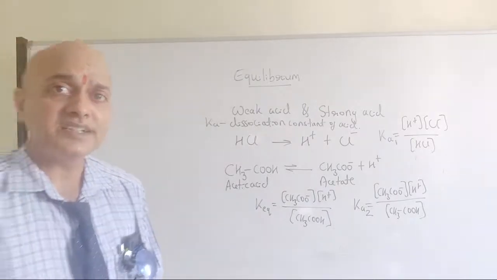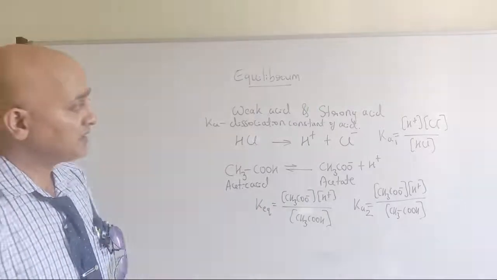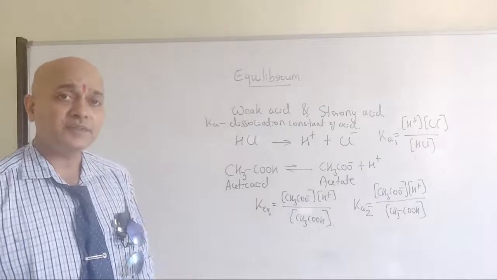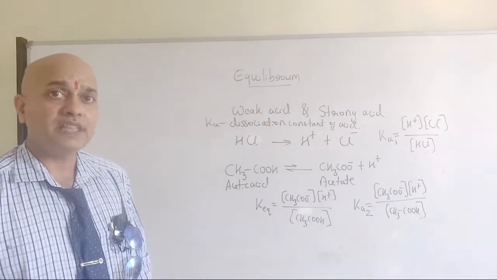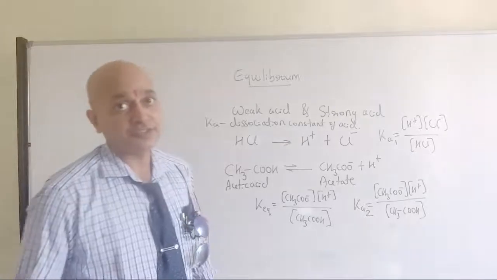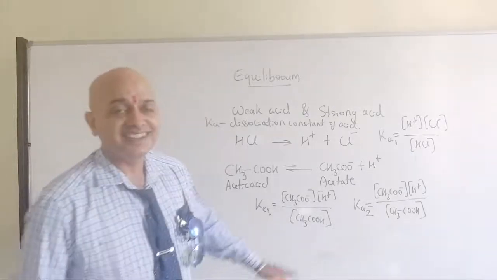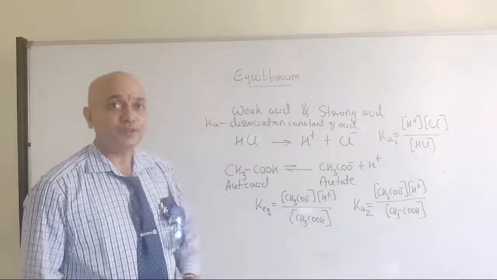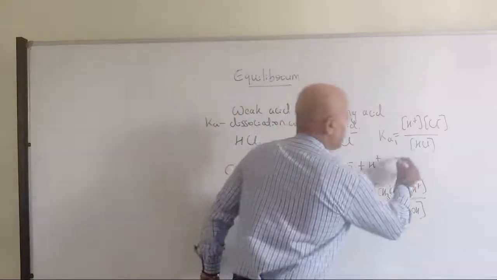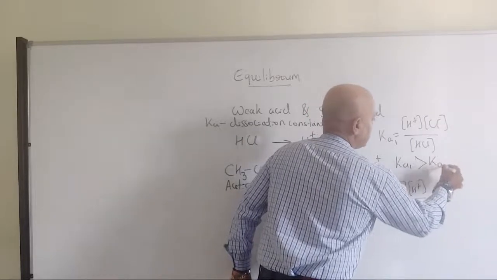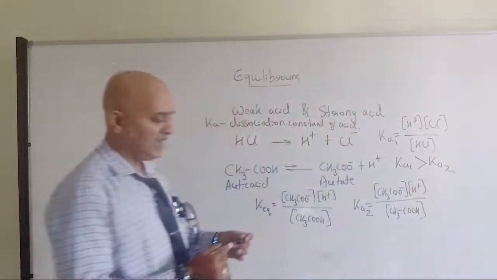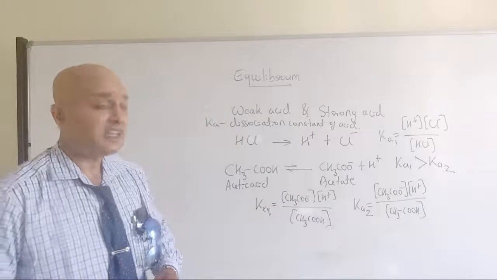Darshan has written Ka1. Will all of us agree with that? Naturally, we are in a democracy, so we have to agree with all of you. That is correct. Ka1 value will be greater than Ka2.